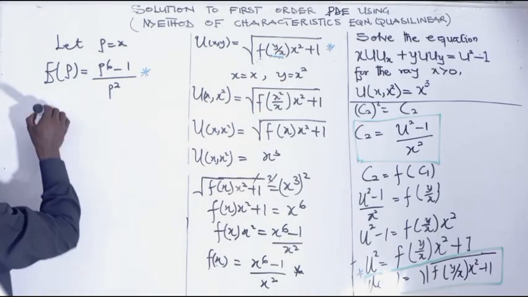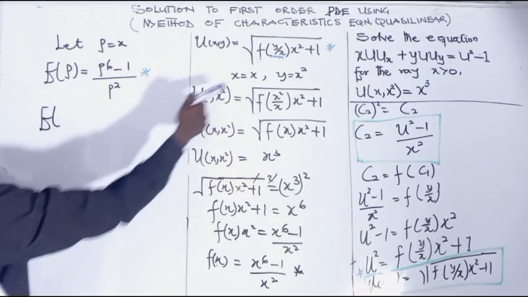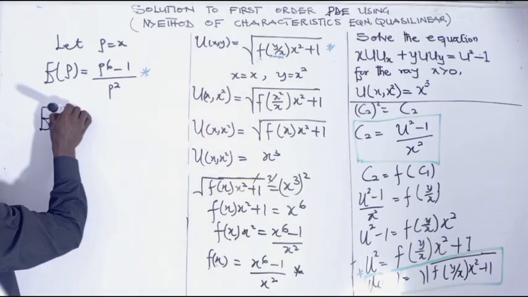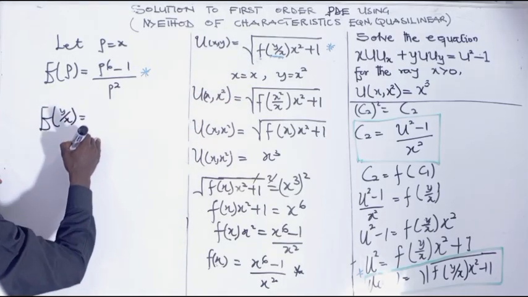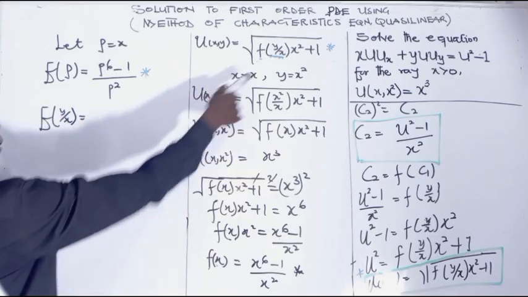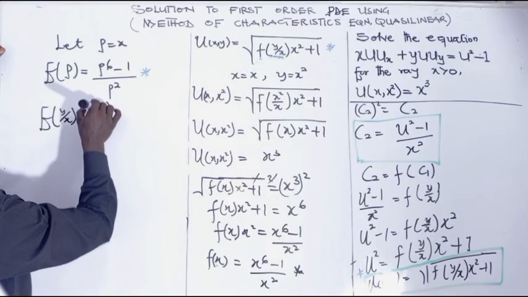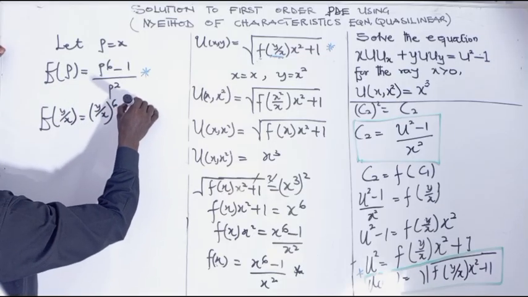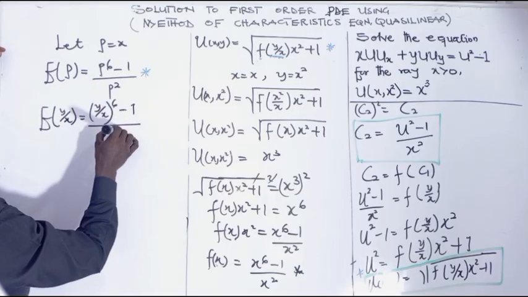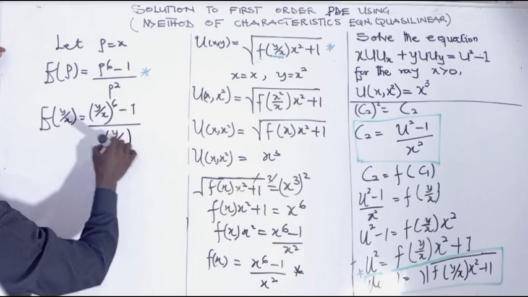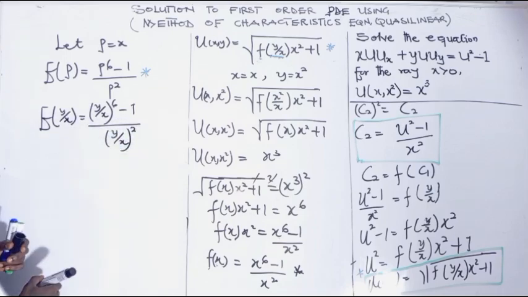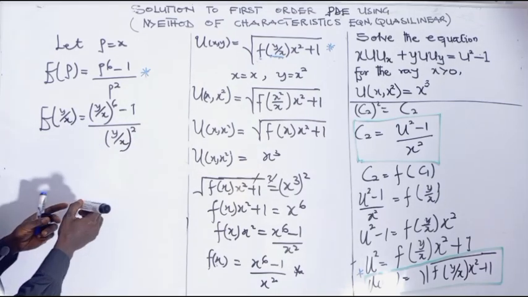So we are going to have f at y over x, where p is equal to y over x. So we have y over x raised to the power 6 minus 1 all over y over x, and all of this squared.